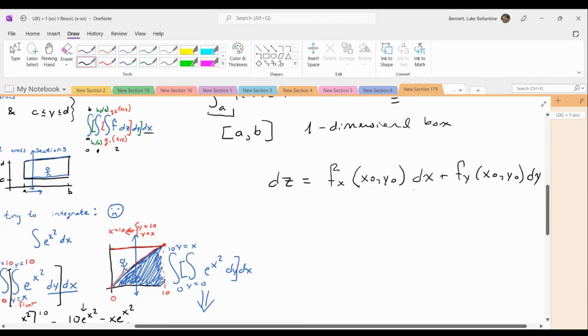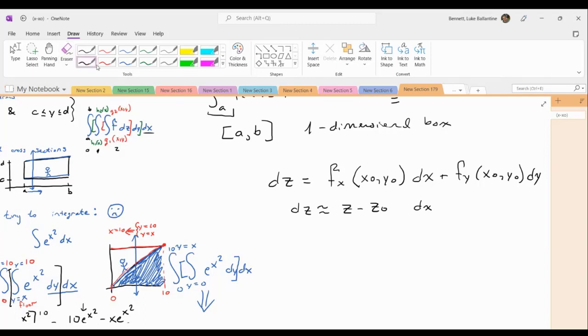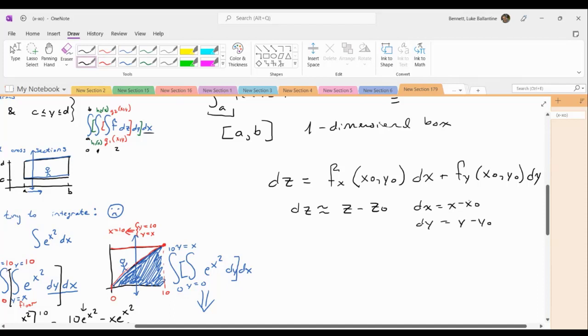If we change the dz, the dx, the dy to what they are, dz is approximately z minus z0. dx is exactly x minus x0, and dy is y minus y0.